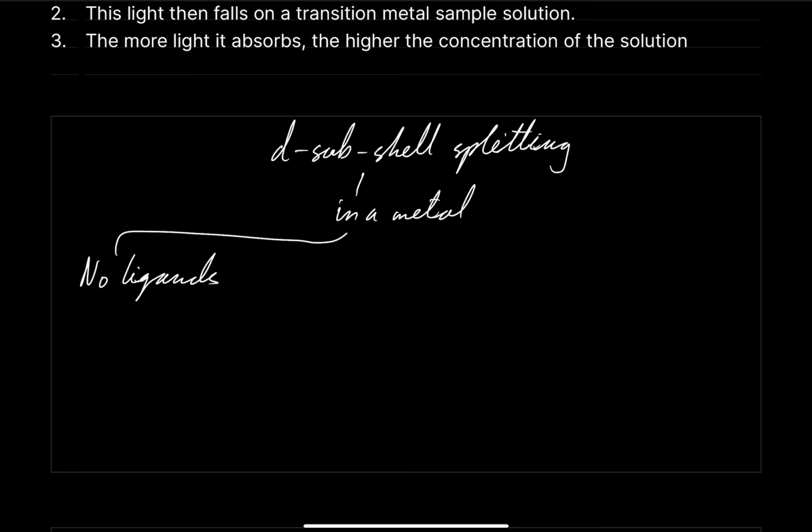Because if there's no ligands present, it means there'll be no D subshell splitting. So they'll just appear white, or they all appear to be the same kind of color, because there's no D subshell splitting.